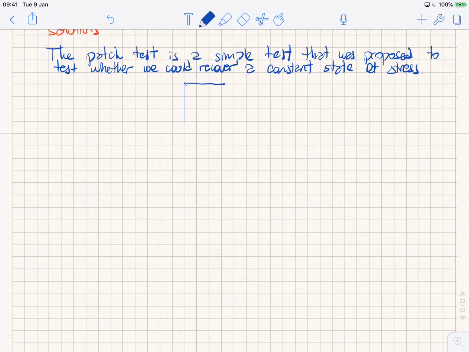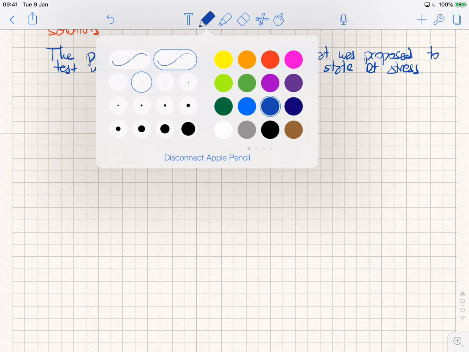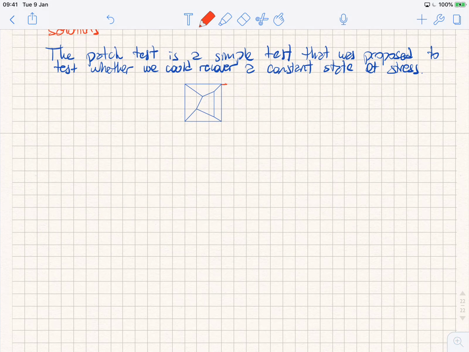We had some sort of mesh that looked like this, and inside we just placed an element. So these are quads, and then we said, well, I want to place a uniform load on that edge, and I constrain that test.